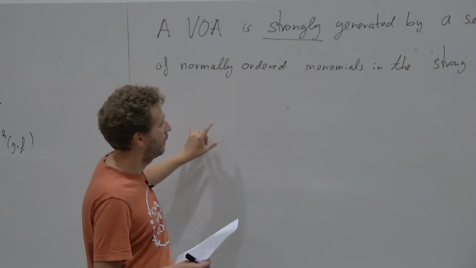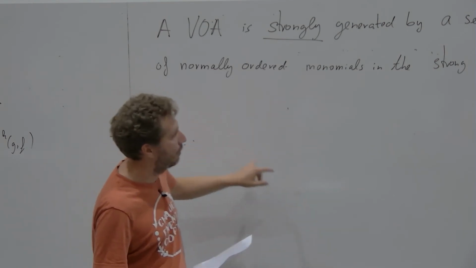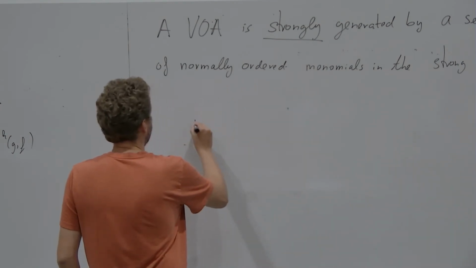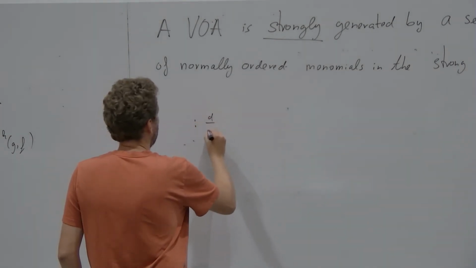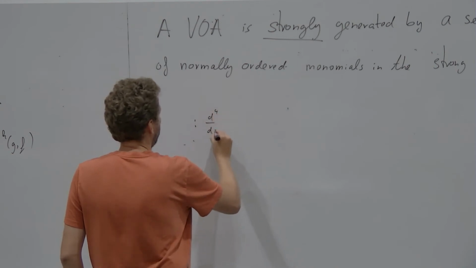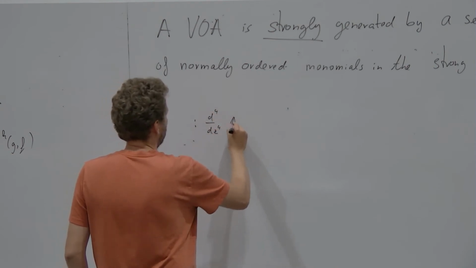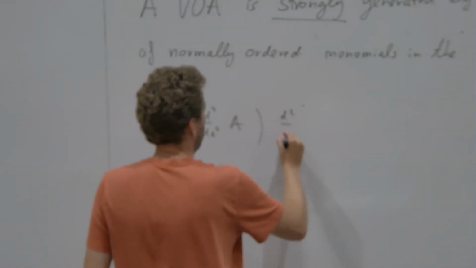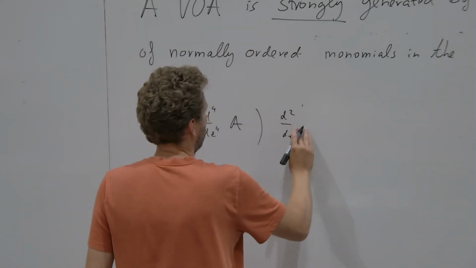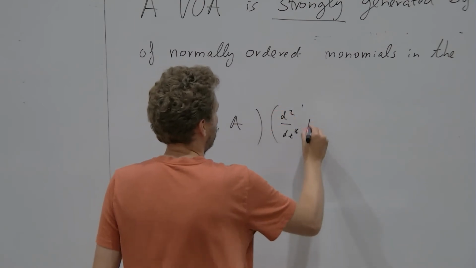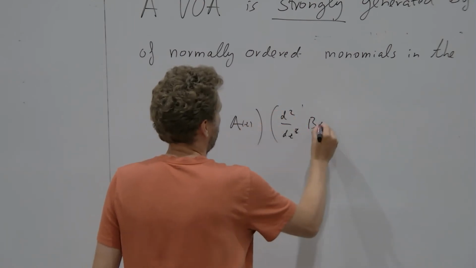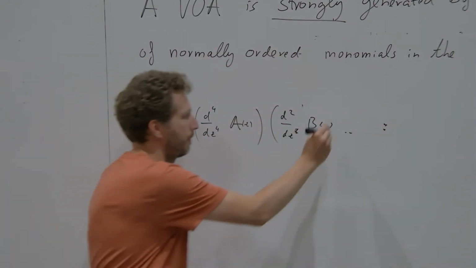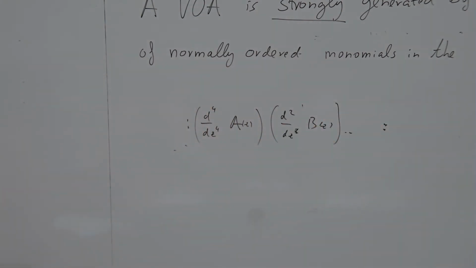And now I want to be a little bit more general. I also allow for iterated derivatives. For example, I could mean the fourth derivative of the first field times the second derivative of the second field, and so on. Okay.